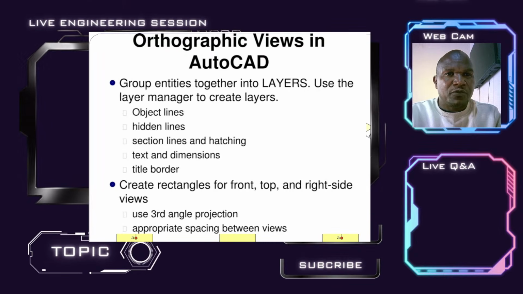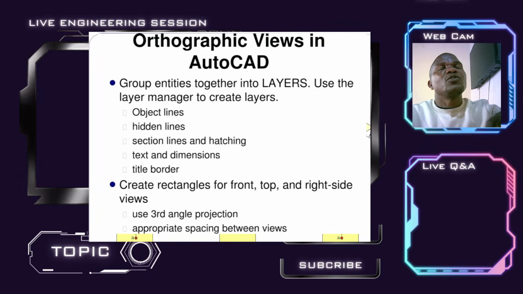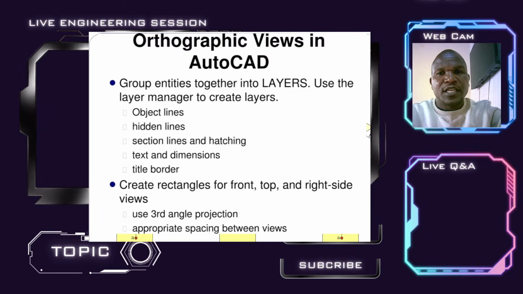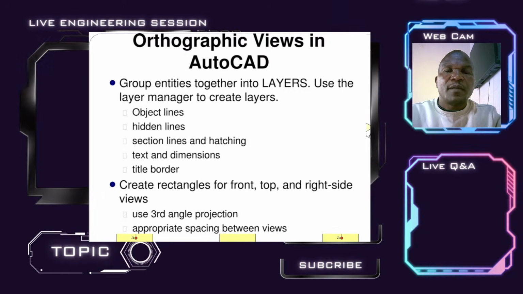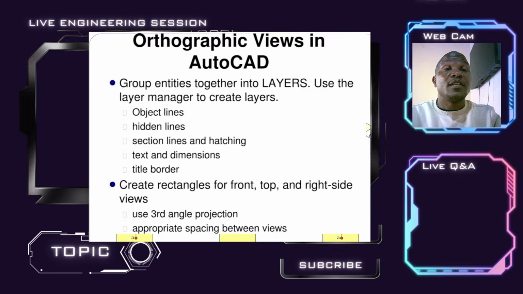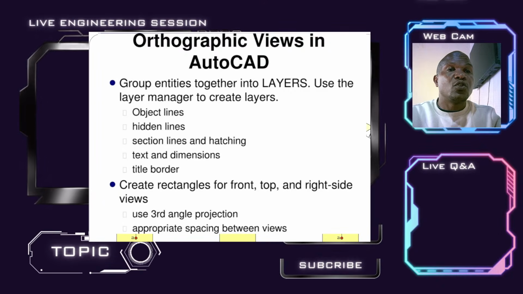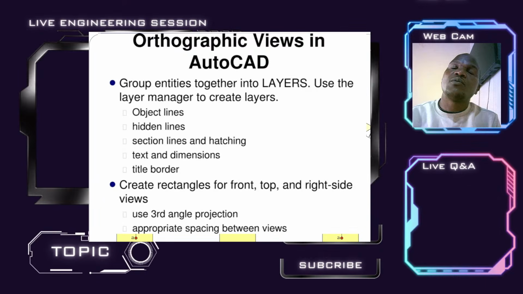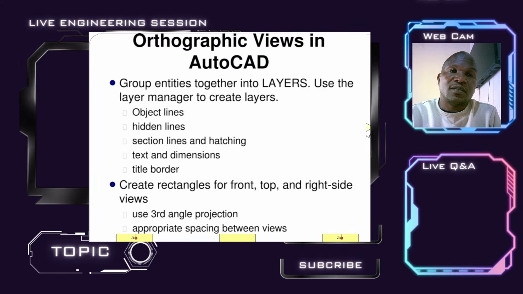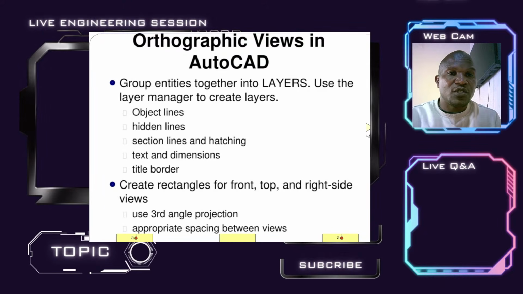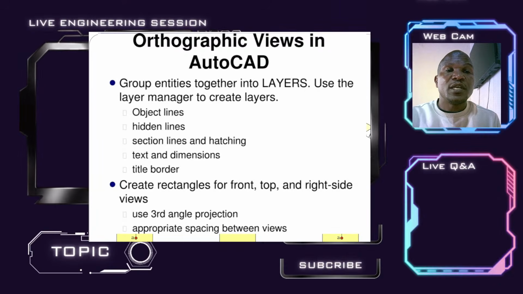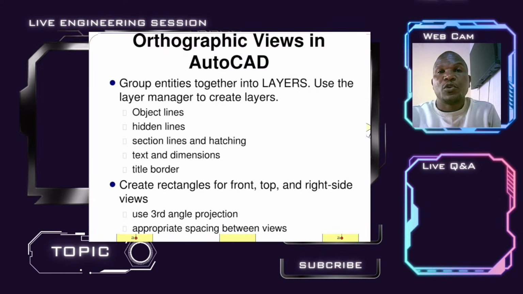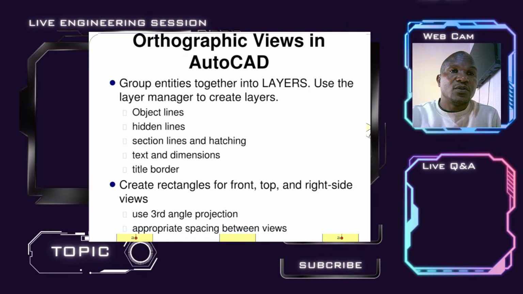Layers can be frozen, so you can see what you want to see, say electrical lines, hypothetically. So the layers I use in AutoCAD can help you draw object lines, hidden lines, sectioning lines, text lines and dimensions, titles, etc. It's very useful, and you'll be able to draw using either third angle projection or first angle projection, as you may want.